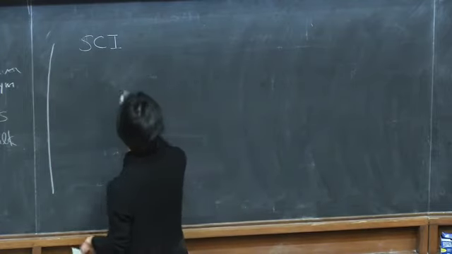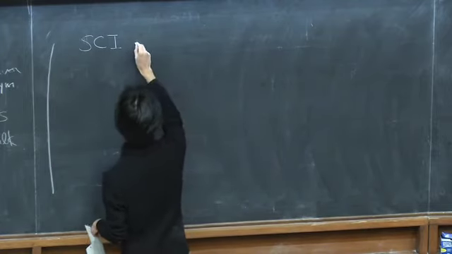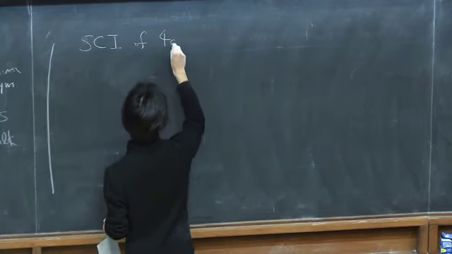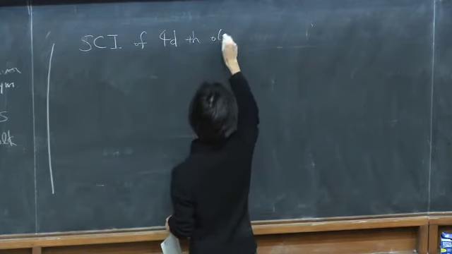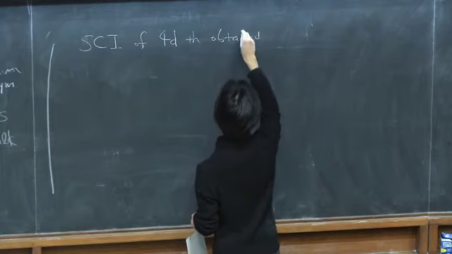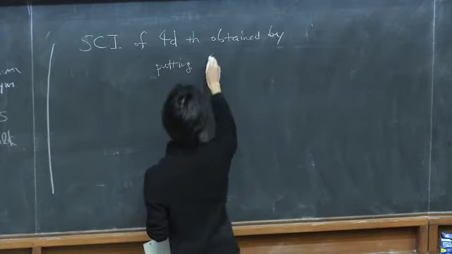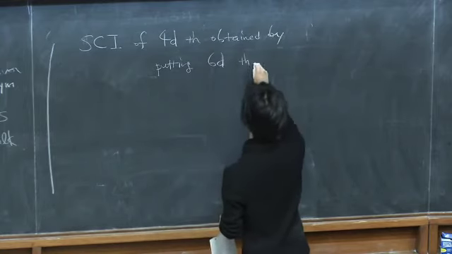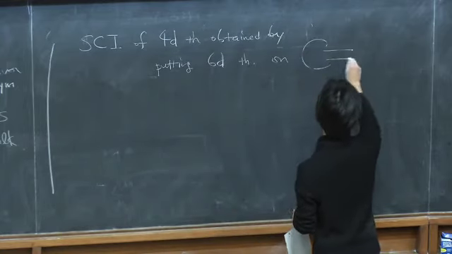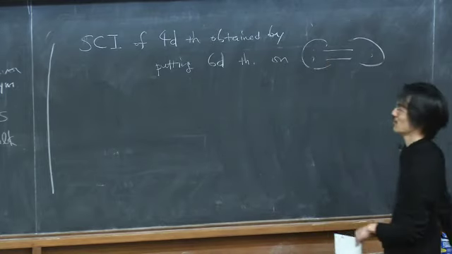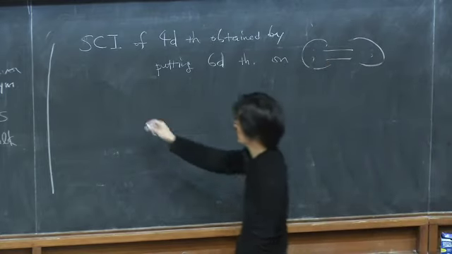And let's just consider the superconformal index of the 4D theory obtained by putting the 6D theory on this. What was the SCI?